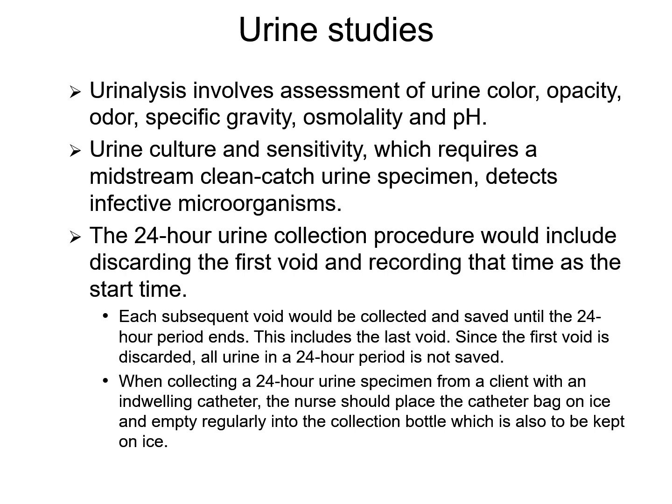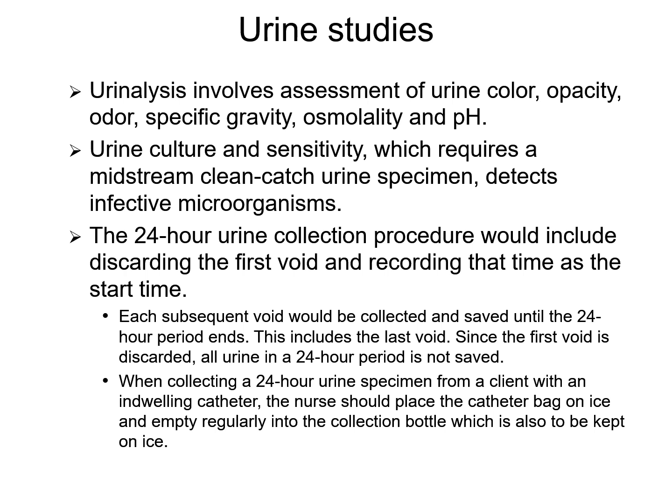Now, if they feel like they may have a urinary tract infection, they will do a urine culture and sensitivity, and that requires a midstream clean catch, and it will detect infection that's in the urine. And really all urine specimens that you get should be a midstream. If it's a voided urine, it should be a midstream clean catch urine specimen. Now, if they have to have a 24-hour urine procedure, they would discard that first void and then record the time when they discarded it as the start time. And then they save each void until the 24-hour period ends, and that will include the very last void.